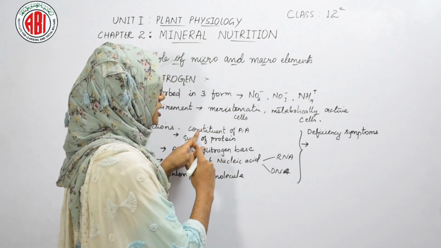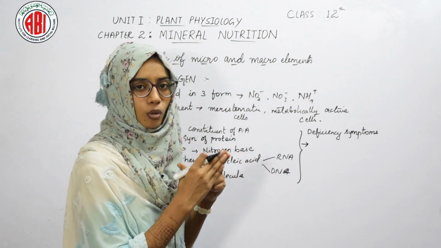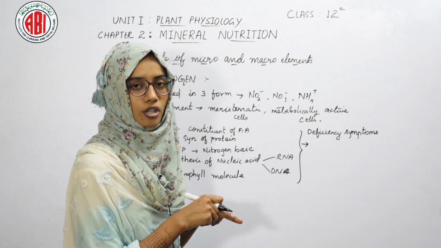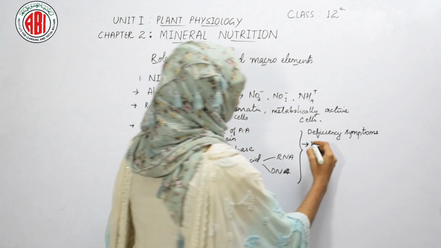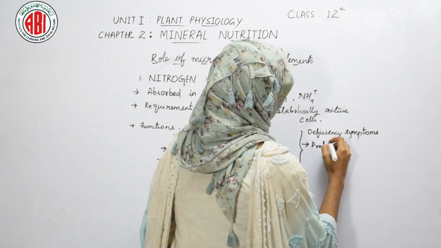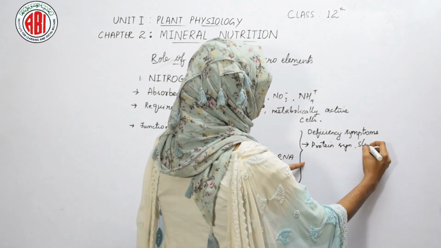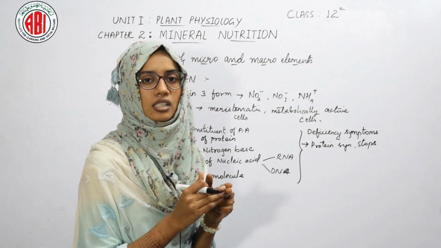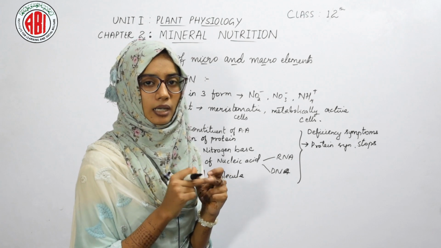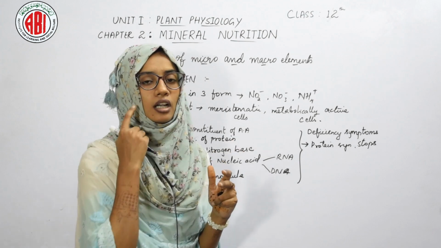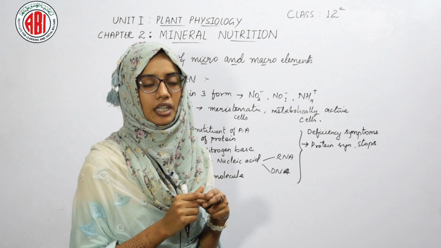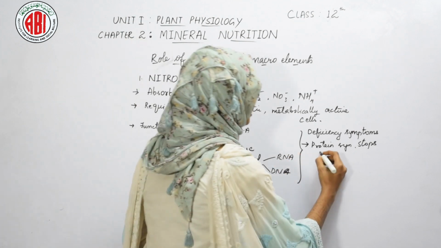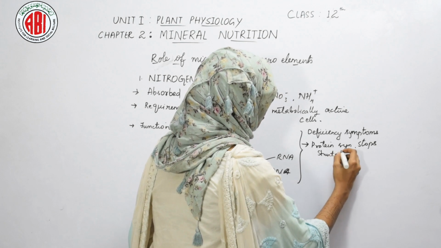As nitrogen helps in protein synthesis, if nitrogen is not available, then protein synthesis stops. When protein synthesis stops, the plasma membrane, which is made up of proteins and lipids, is formed incomplete, and due to the incomplete formation of the plasma membrane, we can see stunted growth of the plant.